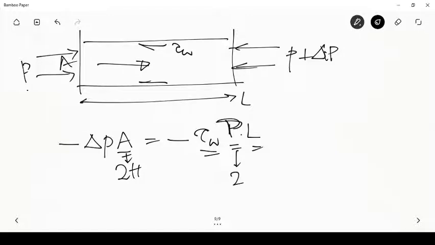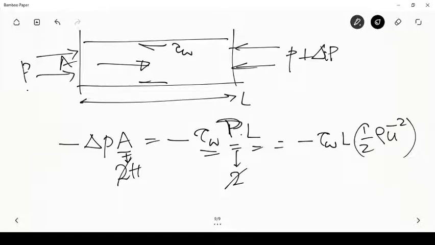Okay, and what is tau wall? Tau wall, we have already said, is Cf into half rho u square, so the 2 would get cancelled between these two, and you can actually write minus tau wall into L into half rho u bar square. Sorry, not tau wall, it's just Cf.